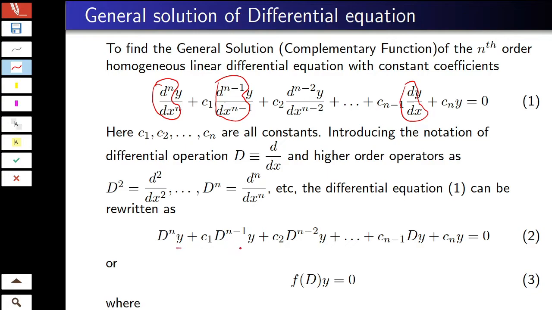Here you can take y common, and the remaining part you can write in the form f of D, where f of D is D power n plus c1 into D power n minus 1, and so on. It represents a polynomial of degree n in terms of D. So now we are going to find the solutions of this type.